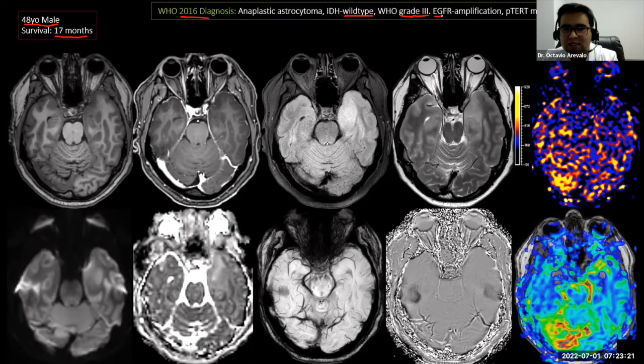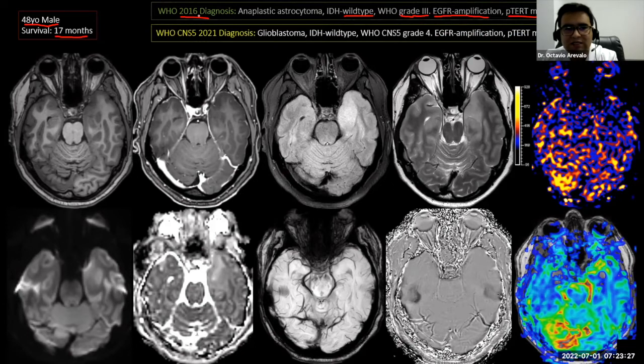And look at this. This tumor had an EGFR amplification and TERT promoter mutation. And then as per the 2021 classification standard, just by the mere fact of having these molecular abnormalities, this tumor is called glioblastoma. Now let's take a look into the images.